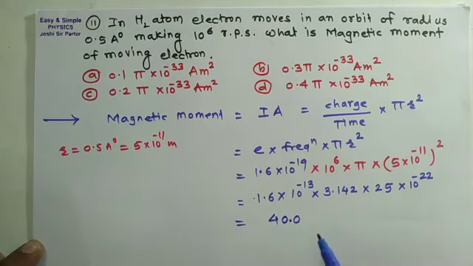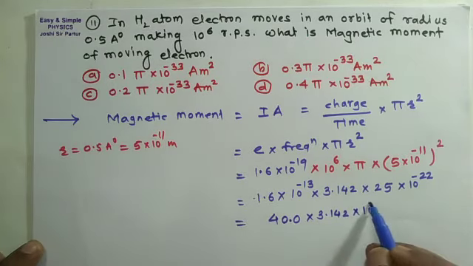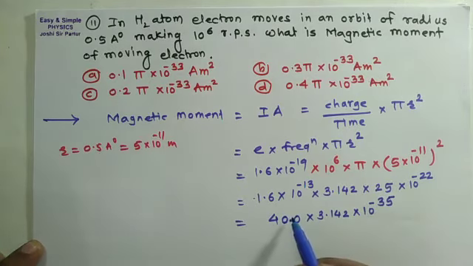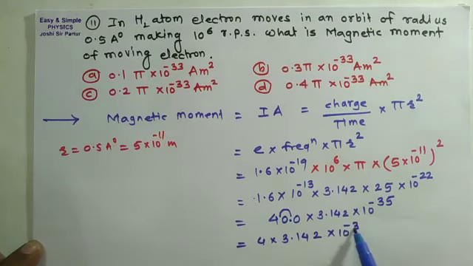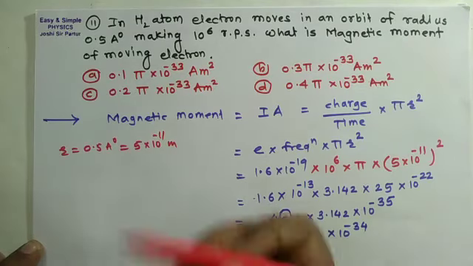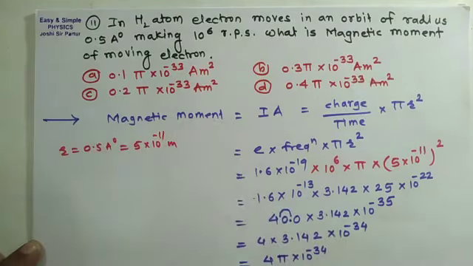So 40 into 3.142 into 10 to the power minus 35. If this decimal point is shifted here, so 4 into 3.142 into 10 to the power minus 34. So here it can be written as 4 pi into 10 to the power minus 34, but our answer is in minus 33.